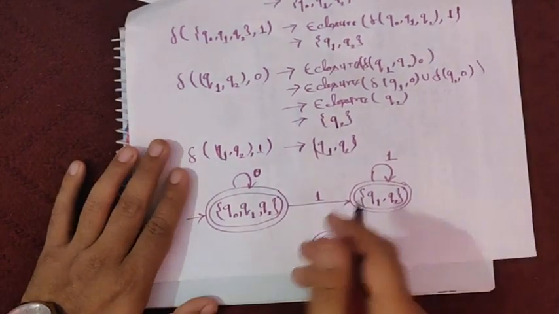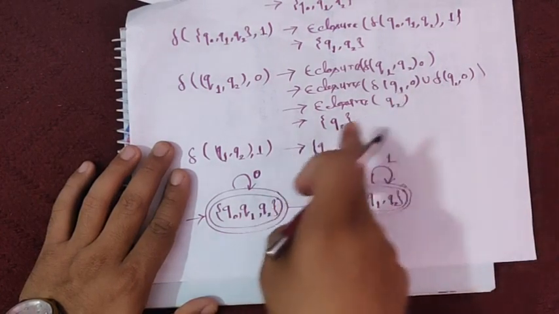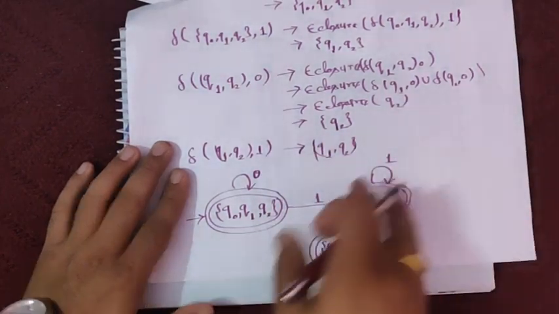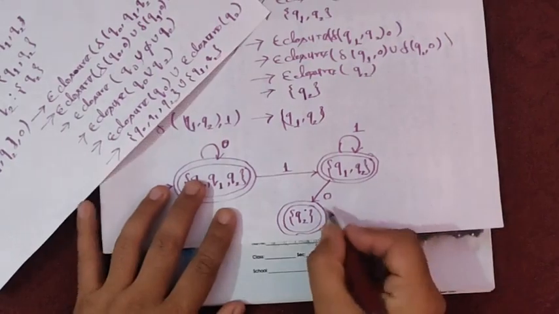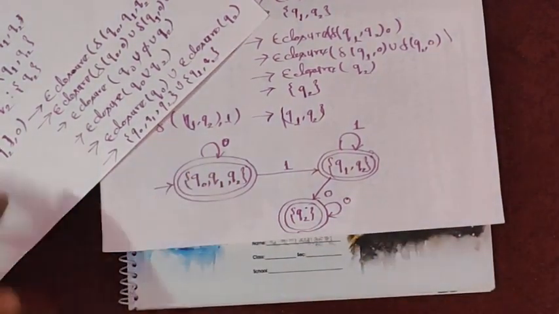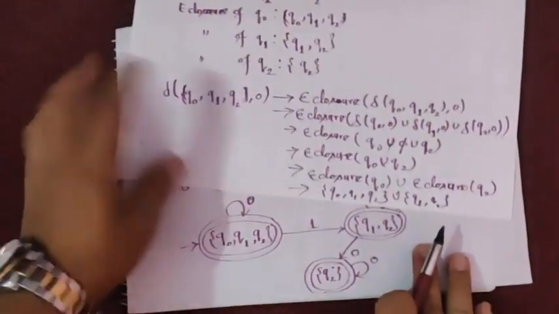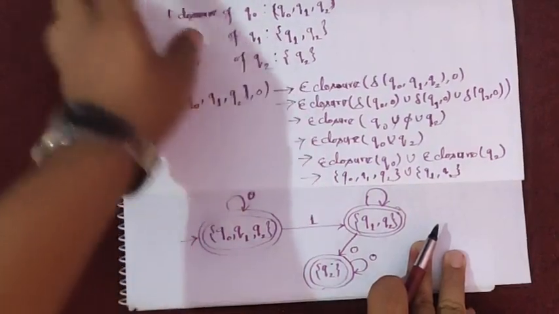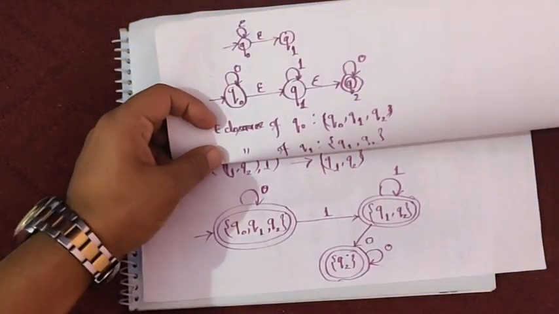We can test q2 as a new state also. When q2 is inputted 0, it gives q2 itself. When 1, it gives phi. So this is the required DFA for this Epsilon NFA.